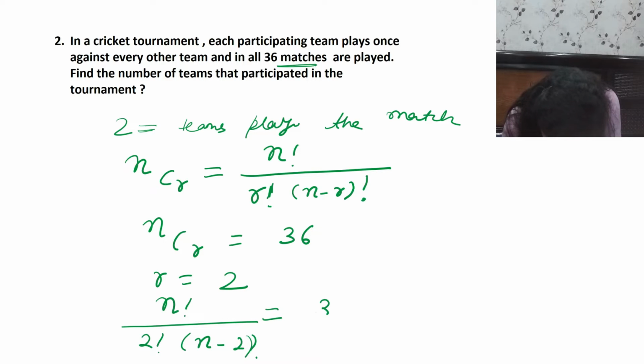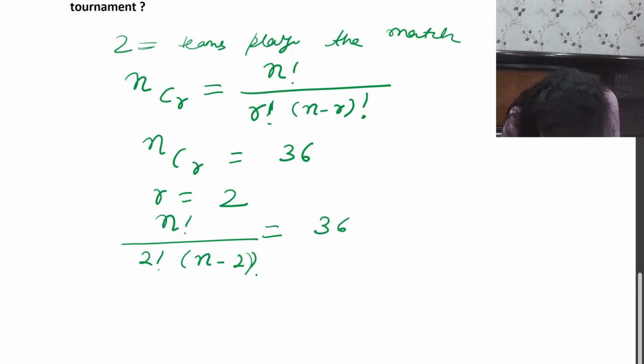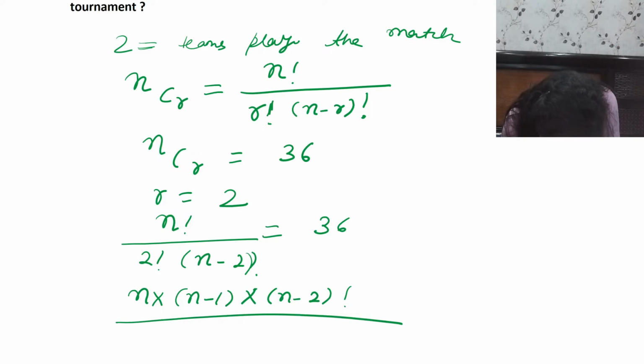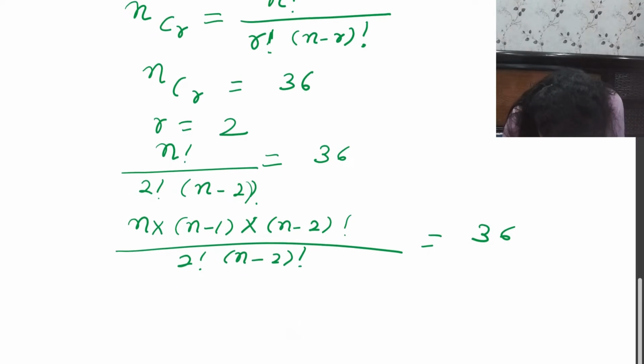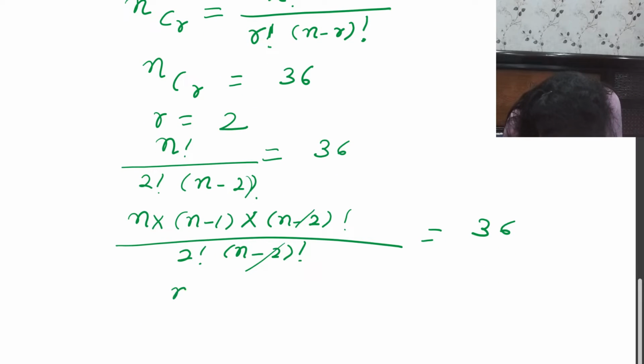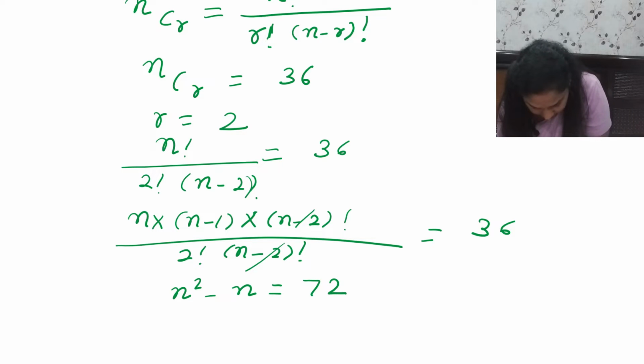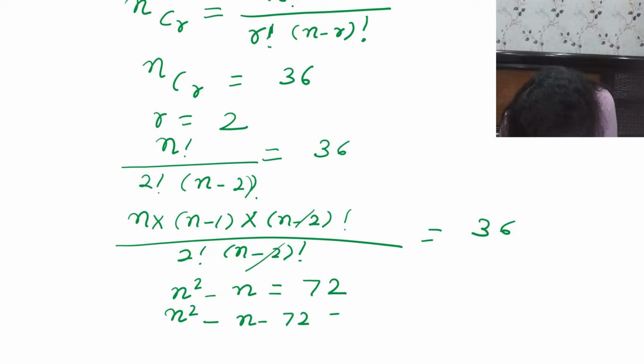So n factorial upon factorial 2 into (n minus 2) factorial is equal to 36. Now let us expand it. n into (n minus 1) into (n minus 2) factorial upon factorial 2 into (n minus 2) factorial is equal to 36. Now they cancel each other. Now n square minus n is equal to 72. n square minus n minus 72 is equal to 0.